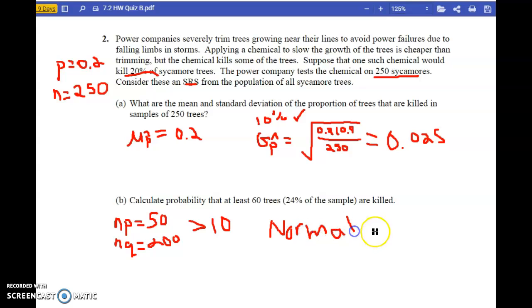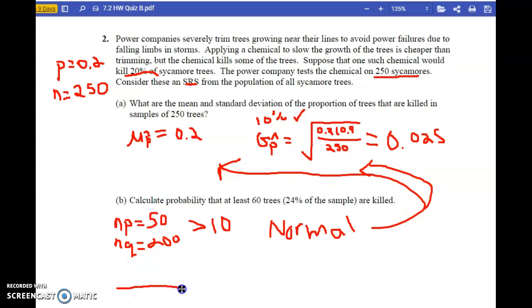And it's going to have the mean from up here and the standard deviation from up here. So I know this is normal, so I draw my curve. The mean's in the middle, it's 0.2. I want to know that at least 60, or 24%, this is the p hat we're interested in, 24% of the sample is killed. So at least 24% is up here somewhere.